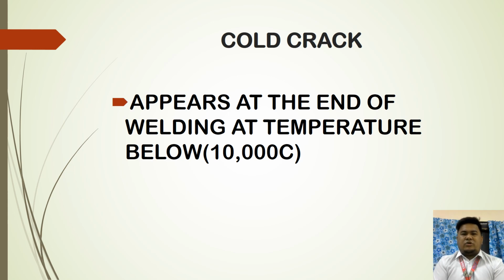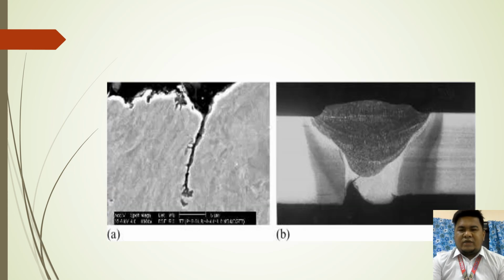Cold crack appears at the end of welding at a temperature below 10,000 Celsius. So cold crack is below the temperature of 10,000 Celsius, and hot crack is above 10,000 Celsius. I have here a picture of the hot crack.